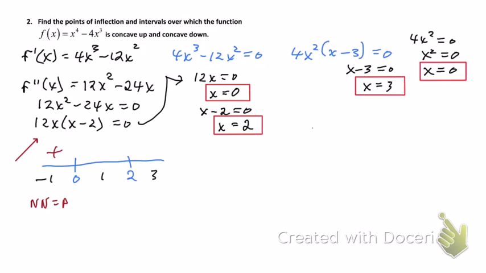So I would have positive 12 times 1 minus 2. It's negative, so I've got a positive times a negative, which gives me a negative. And so I know that the graph is concave down there. And plugging a 3 in, I've got positive 36 times positive 1. So positive, and we've got back to concave up.